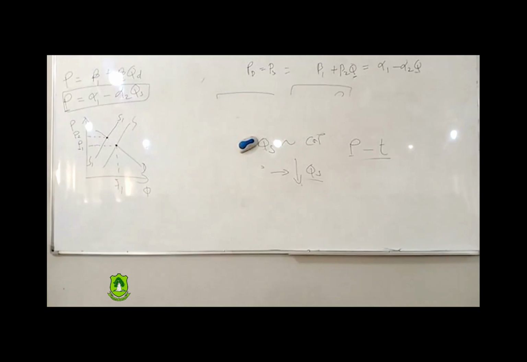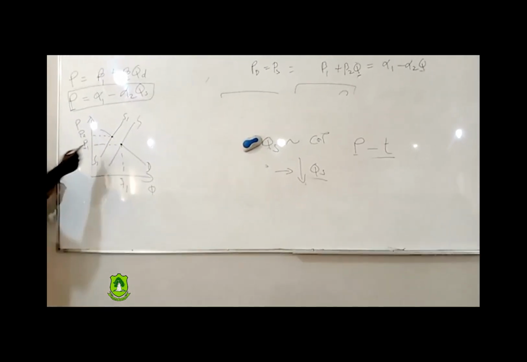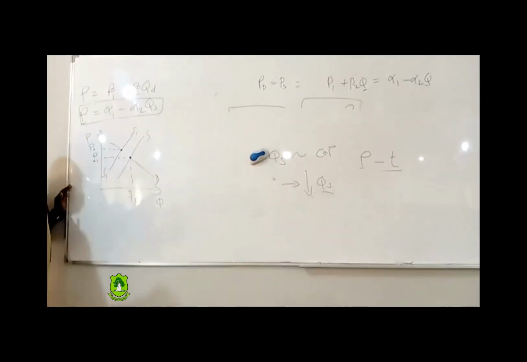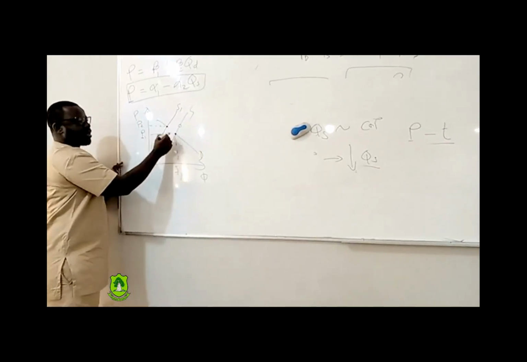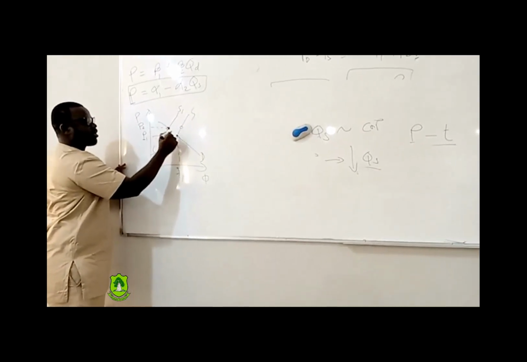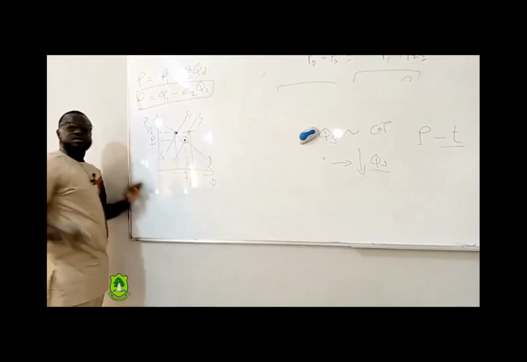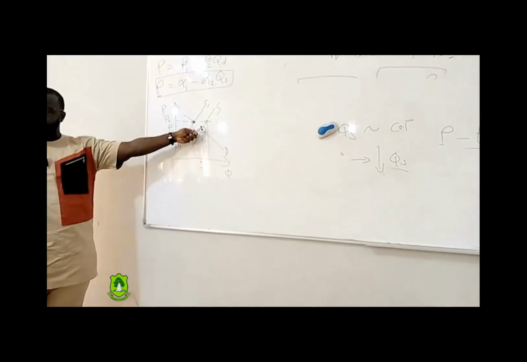So if there is a disequilibrium, remember at this particular one, there is going to be excess supply. Yes. So here, because it's above the old equilibrium price, so there's this disequilibrium.